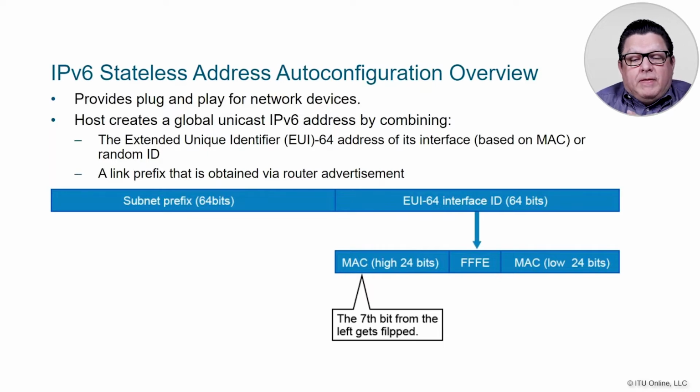IPv6, based on the MAC, has to guarantee global uniqueness. So look at the UL bit and how it's flipped, just to make sure that that sequence of bits is unique globally. And this happens outside of static, outside of DHCP.